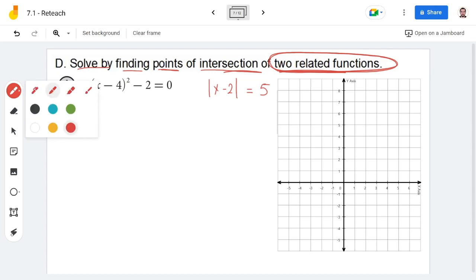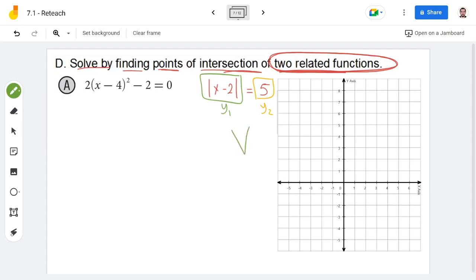Do you remember when I told you that this side represents a function, which is y1, and this side represents a second function, y2? Then we can graph this one here, and we have two solutions. Do you remember this? Yes, I hope you remember that.